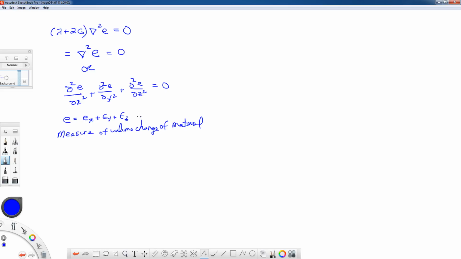Now, we could have just as easily started off with non-equilibrium conditions with our differential equations of motion. In which case we'd have sigma ij comma j, if we neglect body forces, let's do that, is equal to rho ai. And a is acceleration, so that's the second partial derivative of displacement with respect to time.